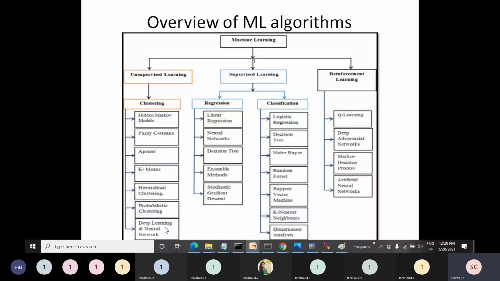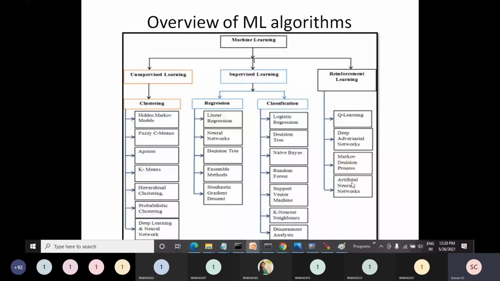So neural networks are useful in unsupervised learning. Similarly, in supervised learning, under regression, neural networks is a word you can see again. Now coming to classification, in classification problems also you can apply neural networks, but it is not mentioned; still you can apply them here also. And in reinforcement learning, you find artificial neural networks.